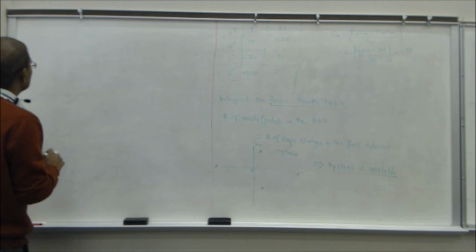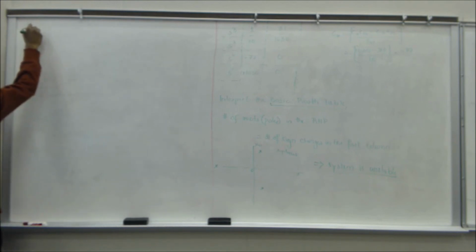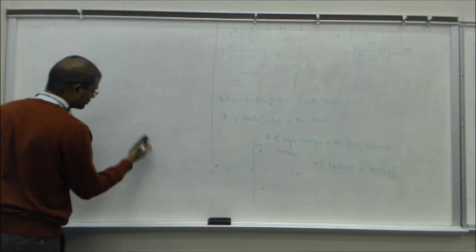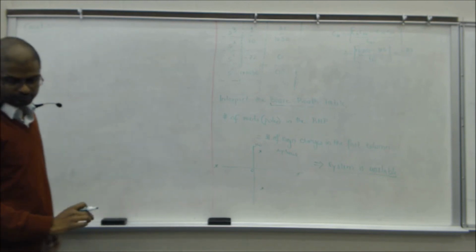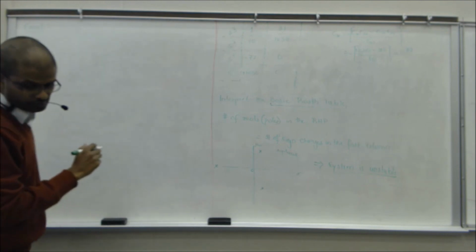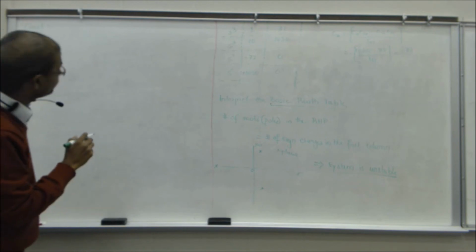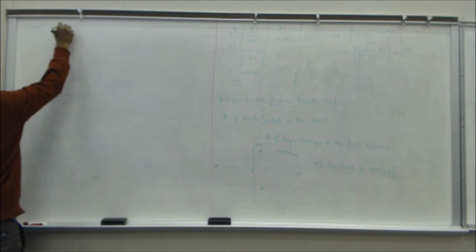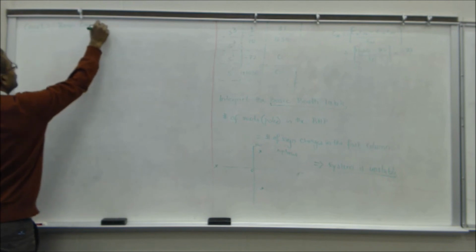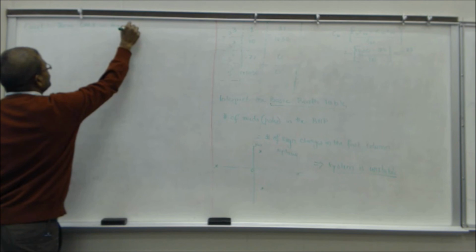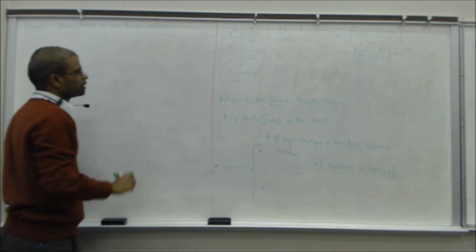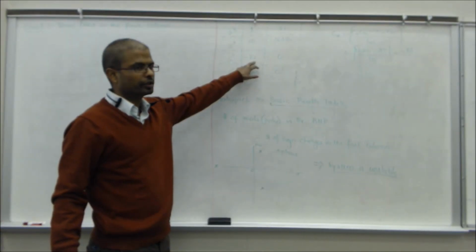When you're constructing the Routh table, you might encounter a special case. Case 1: a 0 only in the first column.